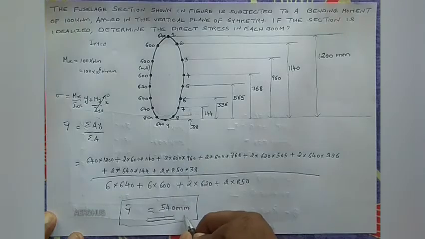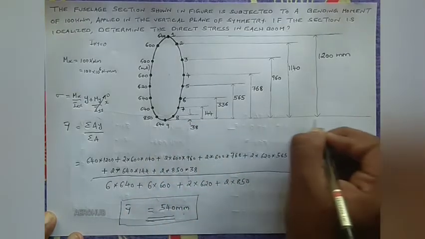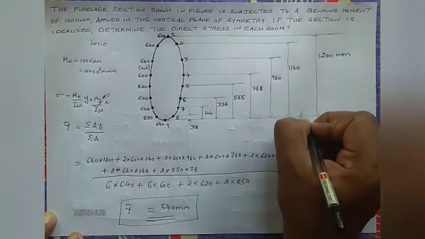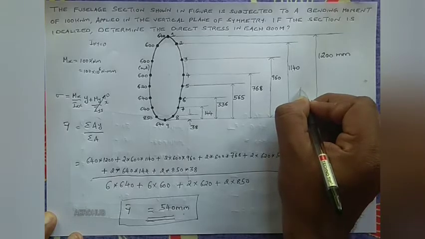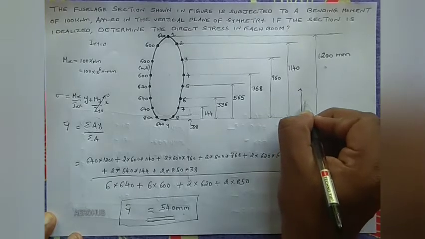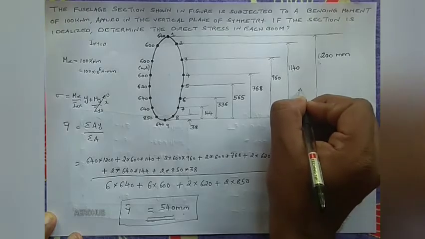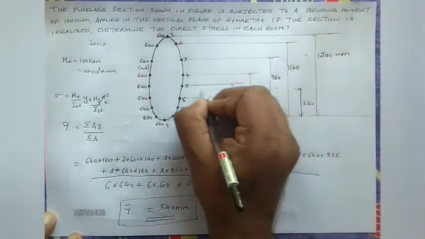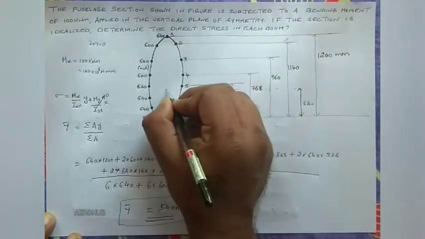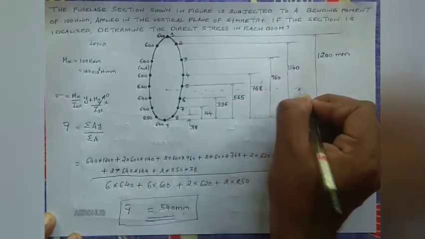So 540 millimeter, that is from this reference axis 540, this is somewhere here. This is the centroid of the system. Okay, this is a centroid of the particular section.